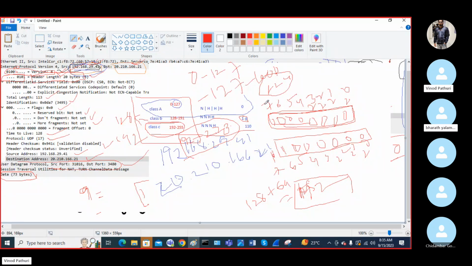There are some dedicated defense IPs, and those will be used there itself. There are some for research and development, like for ISRO. For all of them there is a certain category, and we will never use them in our environments. So we will use from 192 to 223 only in the class C network. Okay. So then next.